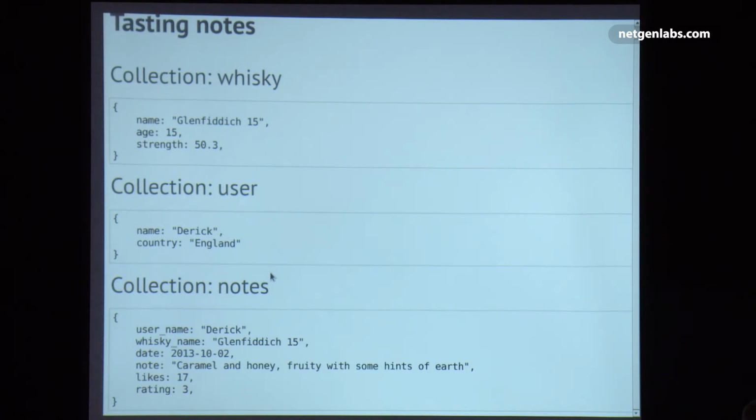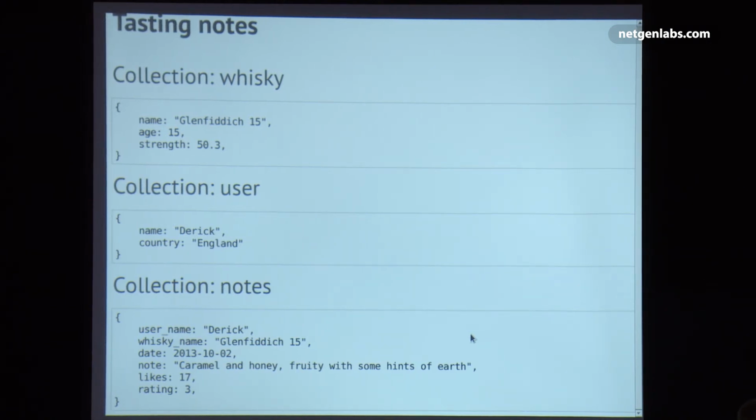So of course, yes. And then we have the collection tasting notes, right? Where you have the username, the whiskey name, and then the notes for it. And storing it like this, showing all the notes for a specific whiskey is really simple to do, because you can just query this collection.